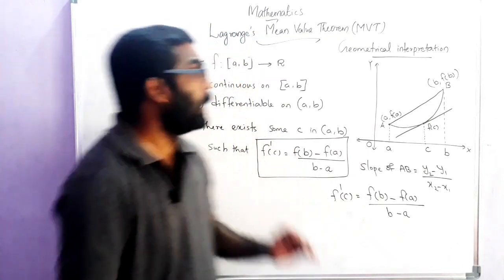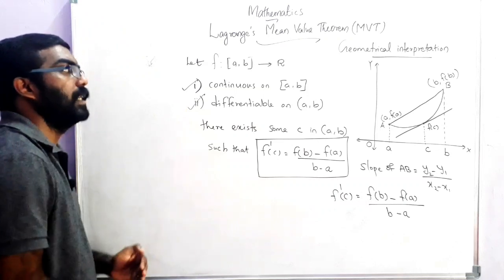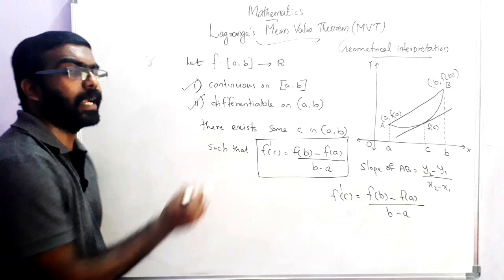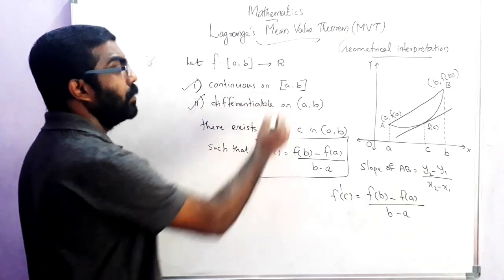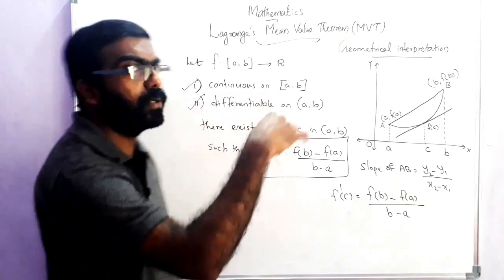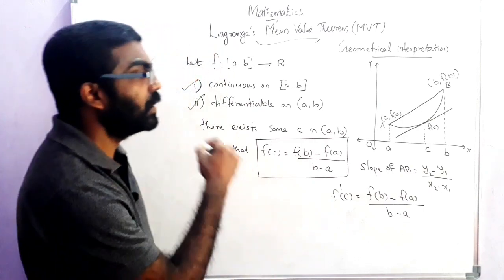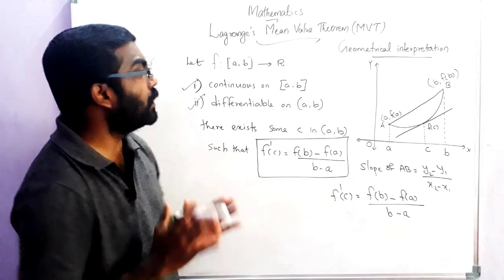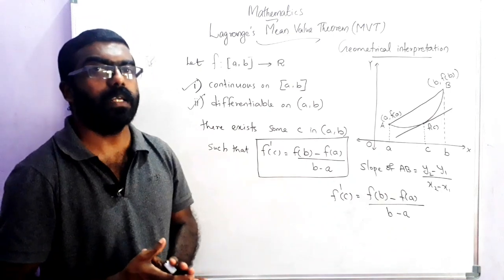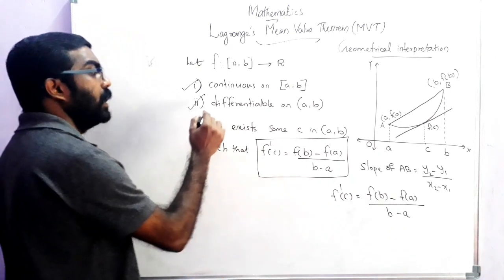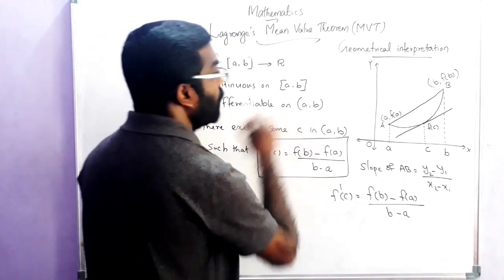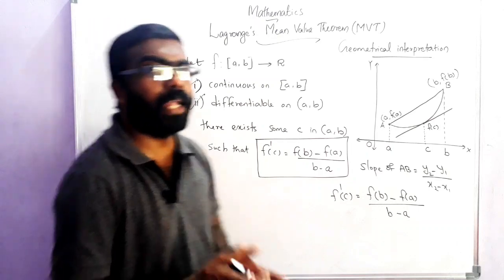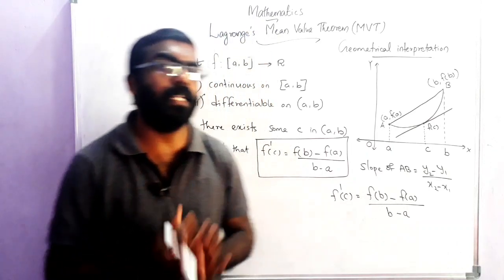I repeat, Lagrange's mean value theorem states that let f from closed interval AB to R be continuous on closed interval AB. That means we can draw the curve without any breaks, without lifting the pen from the paper. If we can draw a continuous curve, then the function is said to be continuous. And the second one is differentiable on open interval AB. Differentiable in the geometrical sense, we can find the slope of the tangent at each and every point.